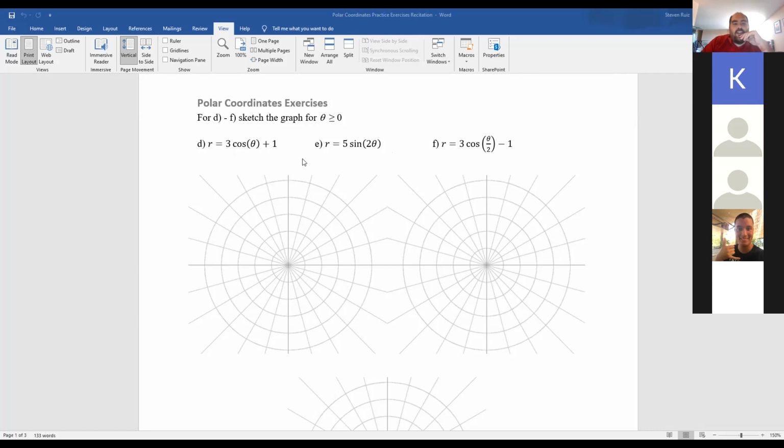So R equals 3 cosine theta plus 1, and let's go through the first one together. I think it's a good idea to do a couple things. Just a quick question: when you graph it on the polar coordinate plane, do you usually see if it's a circle first or no?